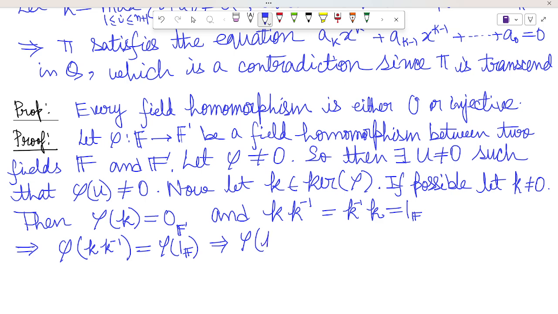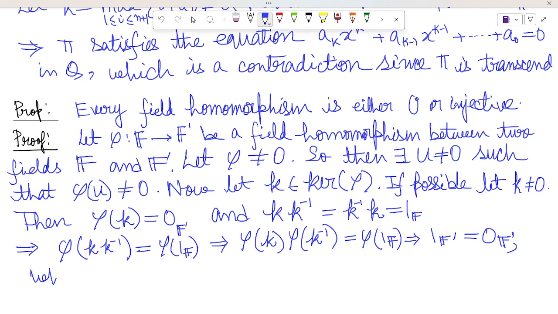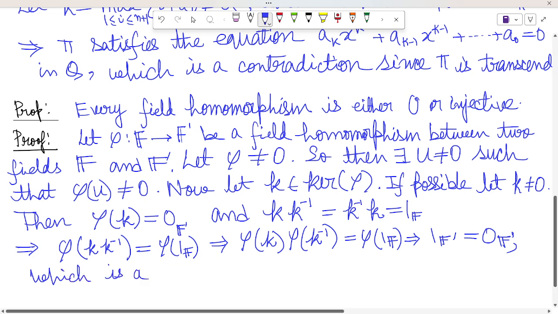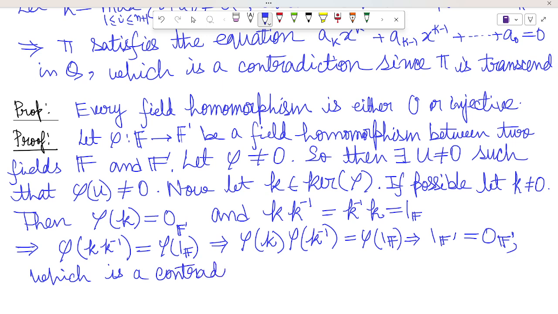Phi equals phi inverse, phi of 1. But phi of 1 is 1 of f dash, and phi of k is 0. That means 1 of f dash equals 0 of f dash. So 1 and 0 are different elements. That is a contradiction.